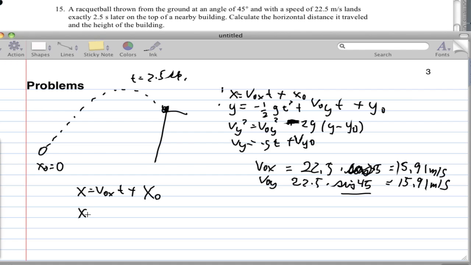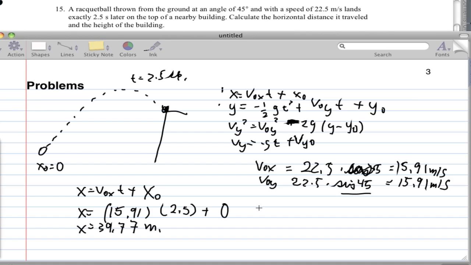So we have x equals 15.91 times t, which is 2.5, plus 0. So let's go ahead and get that. And we actually end up getting x is 39.77 meters.